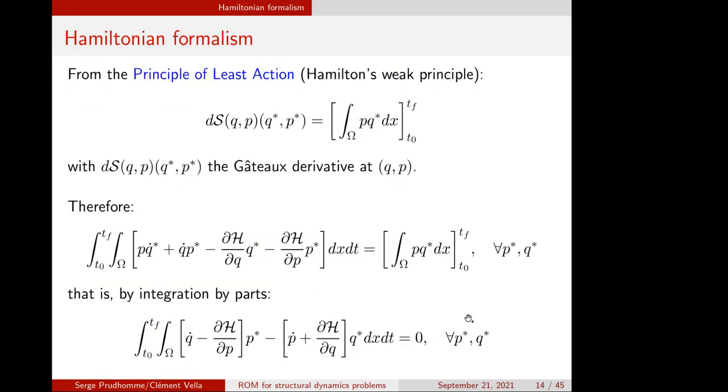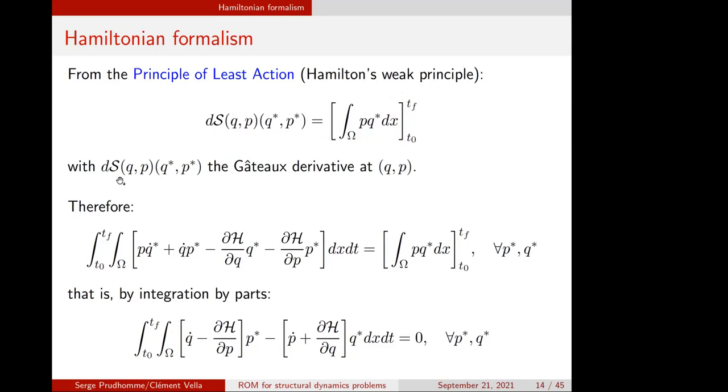What is important here is that we can use the principle of least action, that we also call Hamilton's weak principle. And it says that the derivative of this action is going to be equal to this term, which involves the state at T0 and Tf.